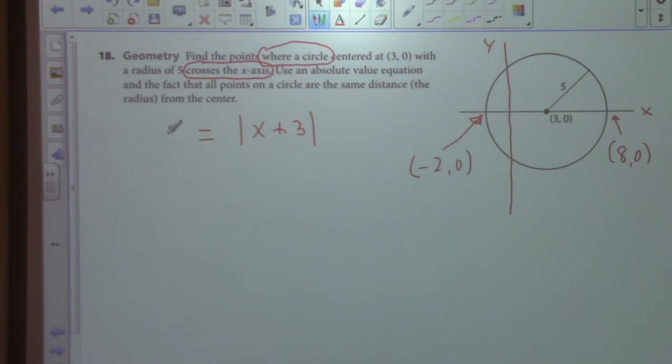So how about this? We'd have x plus 3 equals 5, and x plus 3 equals negative 5.